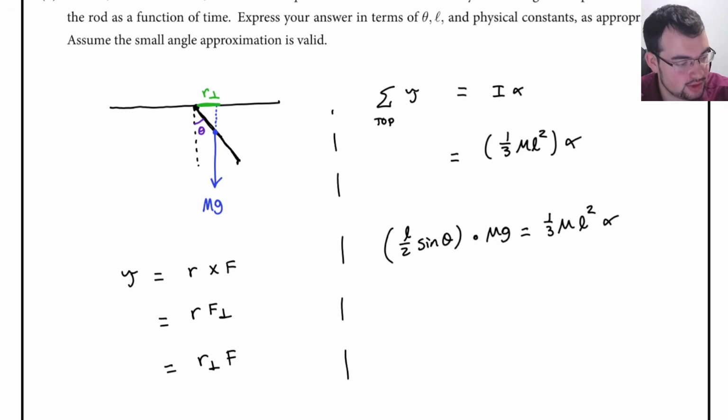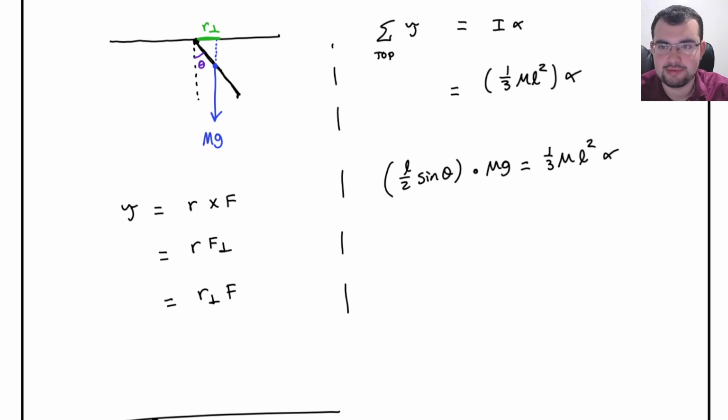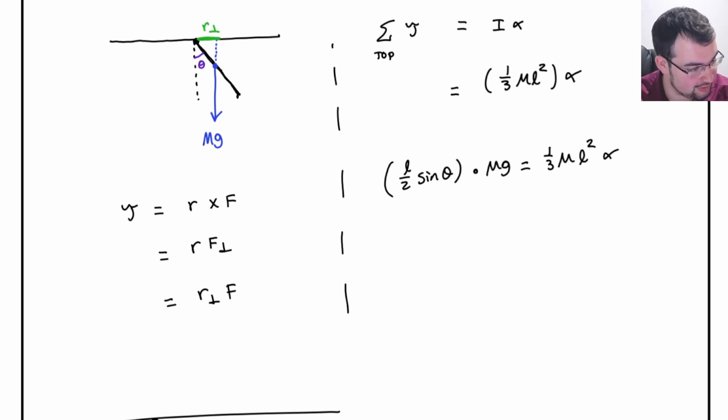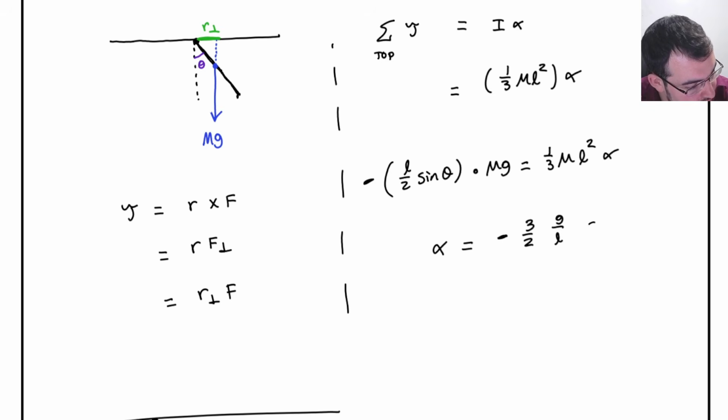All right, we can do some simplifying. This is not yet a differential equation, so at some point we're going to make it differential. But solving for alpha, it's going to be equal to, and this is a restoring torque, so we can make this negative, although I didn't demand that in the solution, 3/2 g over L sine theta.